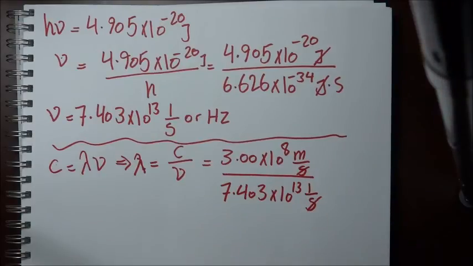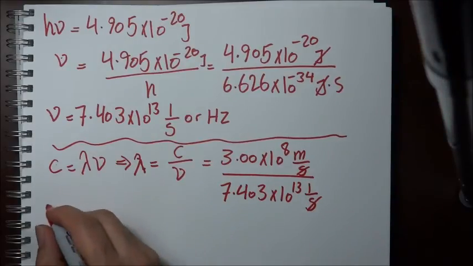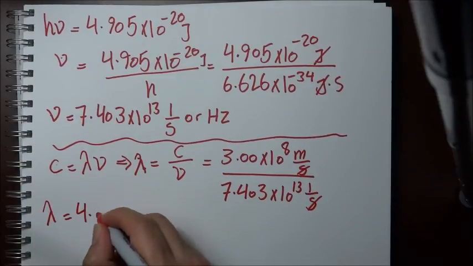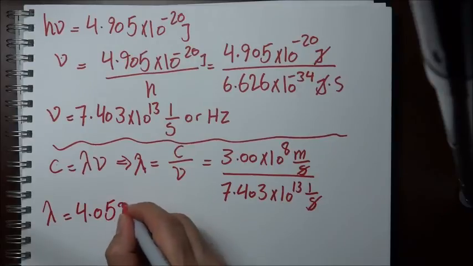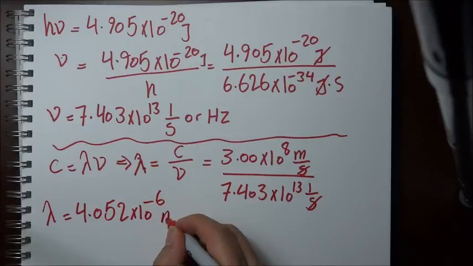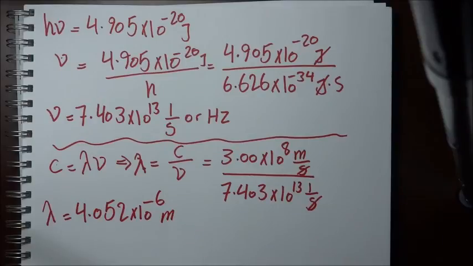Cancel second by second, and you get meter. And answer for lambda is equal to 4.052 multiplied 10 to the power of minus 6 meter. So we practice two cases. One, electron transfer from lower level to higher level, or absorption, and the second one from higher level to lower level, or emission.